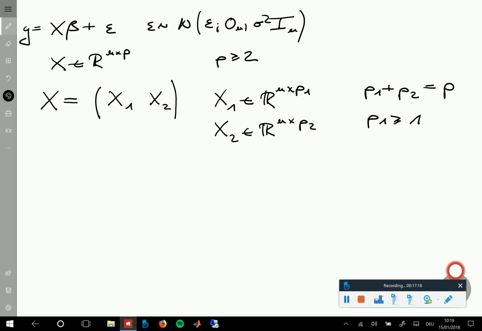So just think of the design matrix being split into one set of regressors and another set of regressors.